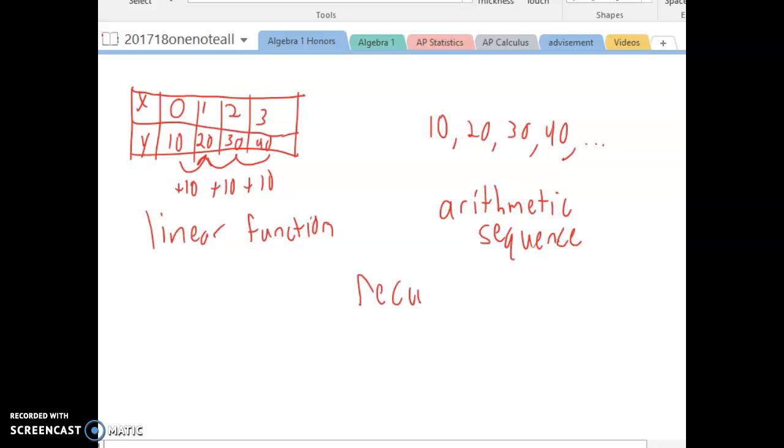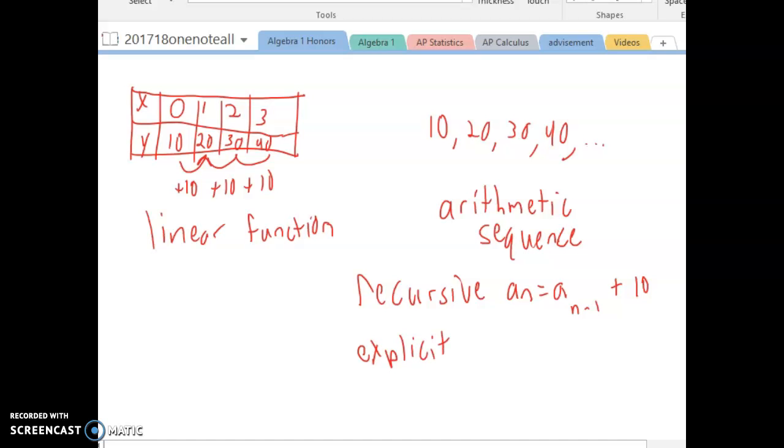So what is the recursive formula? Again, looking back at the formula from your formula sheet, a sub n equals a sub n minus 1 plus that common difference of 10. And then we have our explicit function.